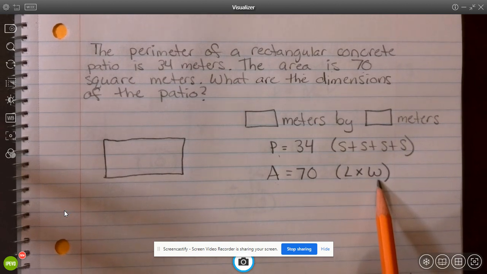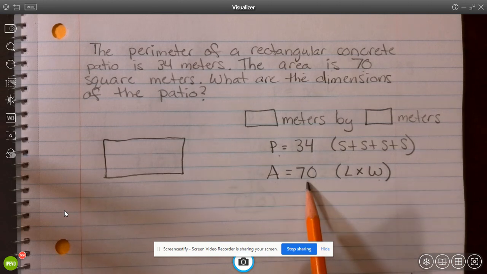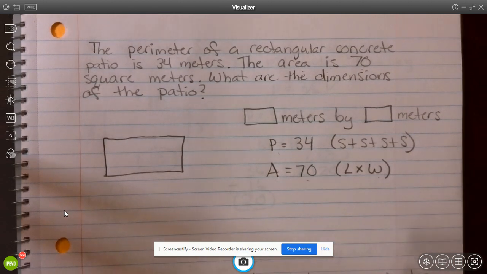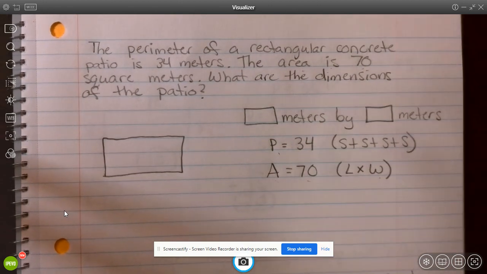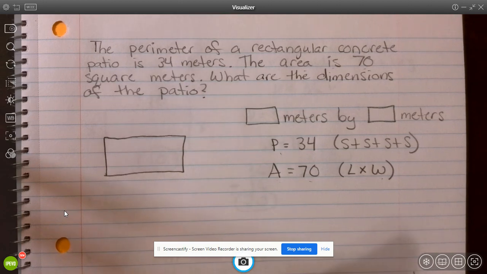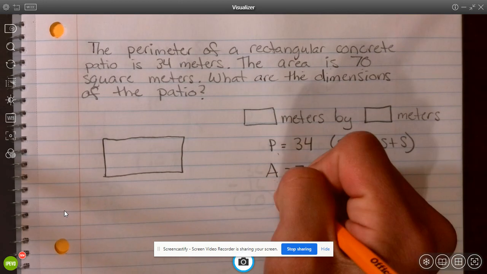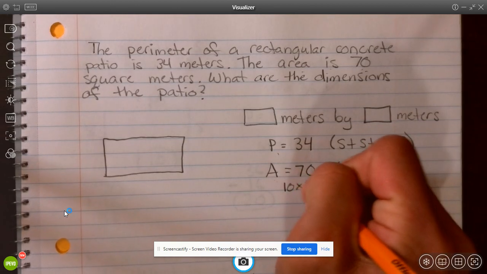You ask yourself, what times what equals 70? At the top of your head, probably the first thing that comes to mind is 10, because 10 goes into 70 easily. So 10 times what is 70? 10 times 7 equals 70.